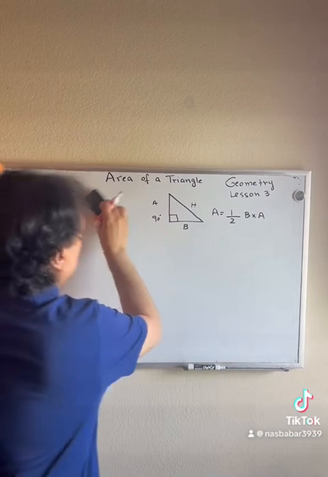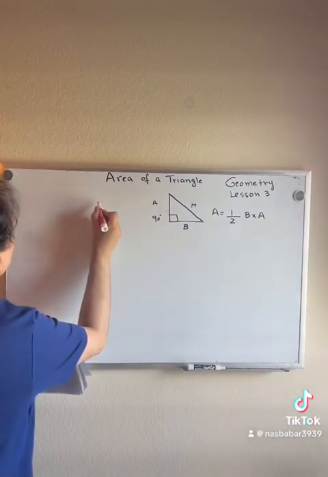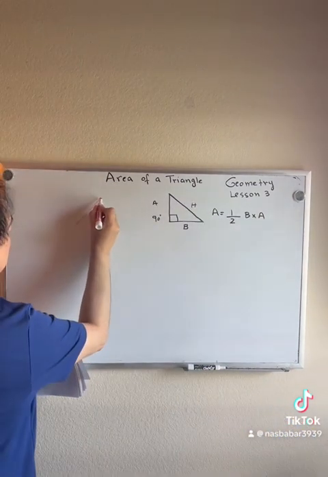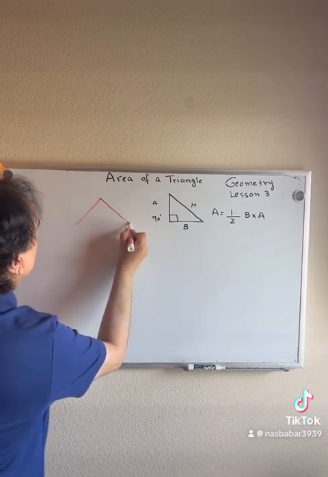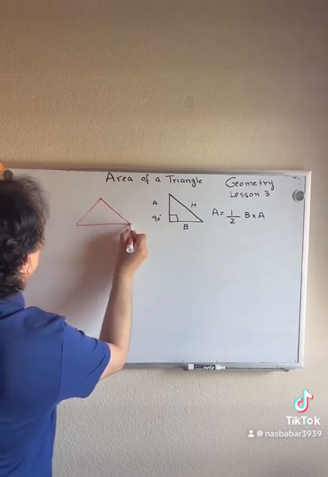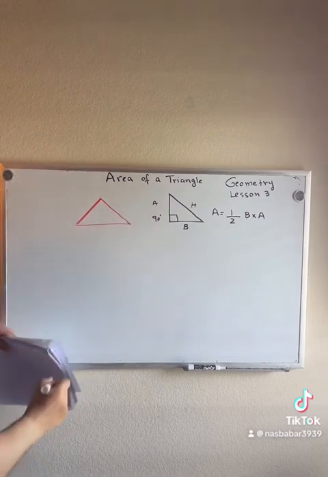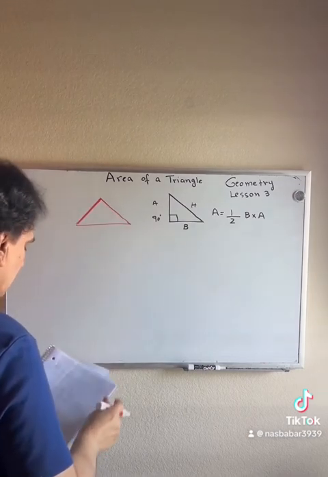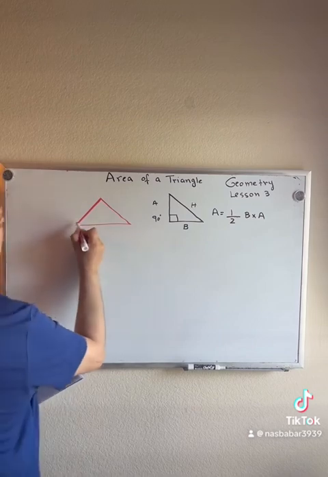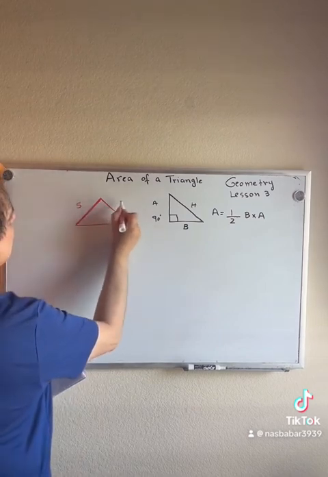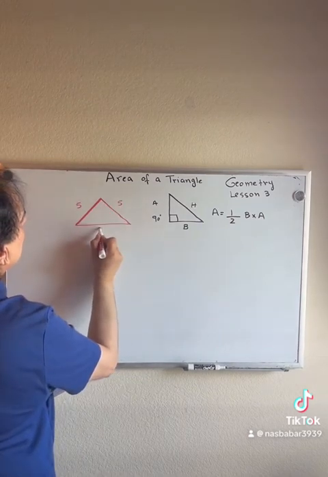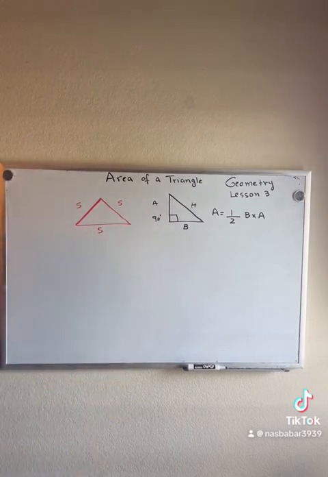Okay, so we have this side, then this side, and then this side, okay? So the length of all these three sides is same. For example, if this is 5 centimeter, this is also 5 centimeter, this is also 5 centimeter.